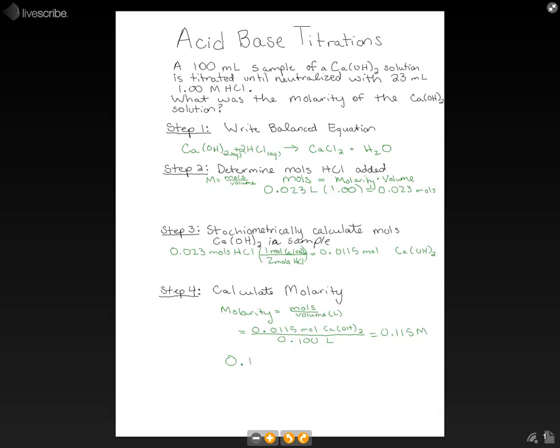So our solution is 0.115 molar. And this is a simple way to go about doing the kind of mathematical process involved with titrations.